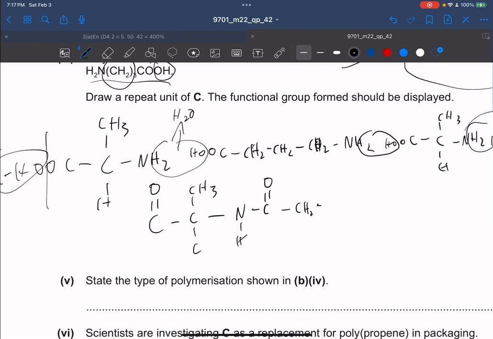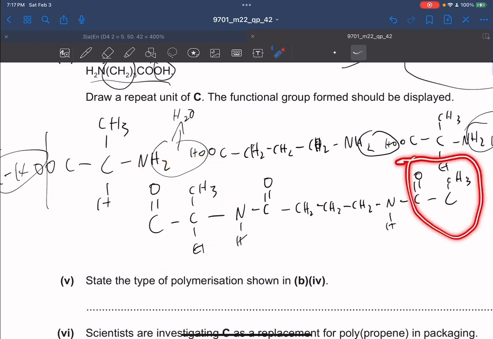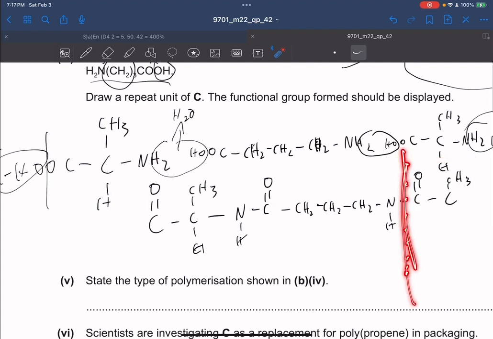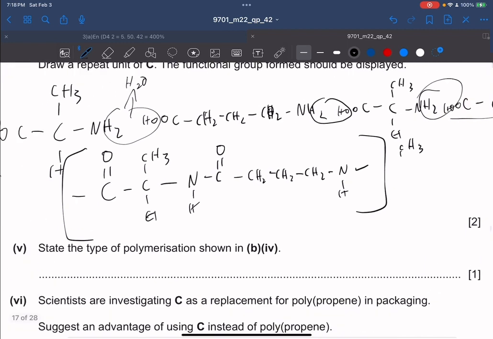Then you're going to do CH2, CH2, CH2, then you're going to have N, H, C, O, and then if you notice, this is going to repeat again, and you're going to have the same structure as earlier. Here and here, these are the exact same structures. So it means at this point it's just repeating itself. So you don't need to draw that point anymore. Just get that out, connect. This is one repeat unit. Done. It's worth 2 marks.